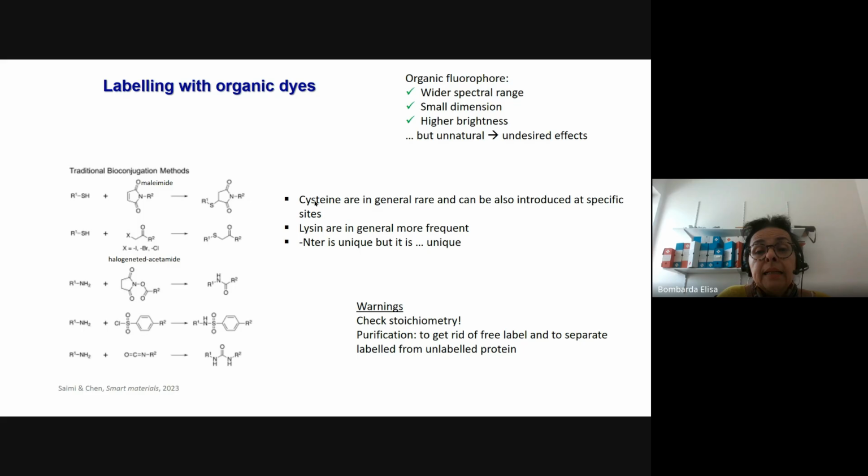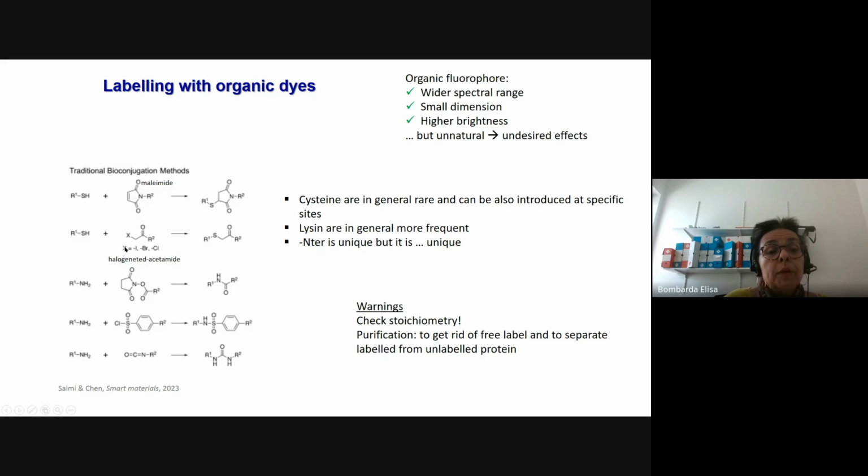And the advantage of cysteine is also that it is rare, so then you can label a specific part, and sometimes, in case it is not there, it can be introduced specifically in one specific site, and this cysteine is a natural amino acid.